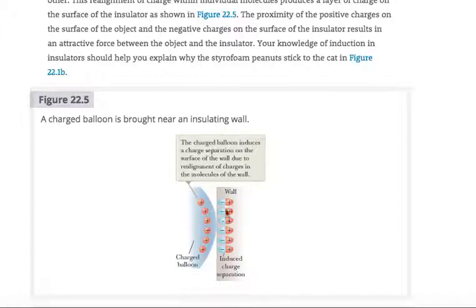And so you will get this polarizing effect on the wall, which is still neutral. And it will attract, because of Coulomb's law and the 1 over r squared relationship, which I'm about to talk about in just a minute. Because this force has less distance, it is a greater force than the force of repulsion between the positive charges. And so the net force will be attractive.